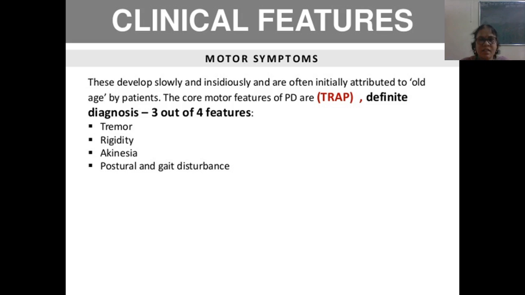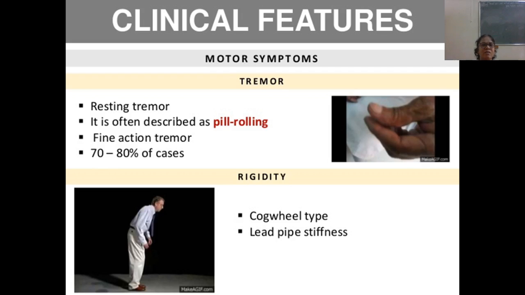So these three symptoms are definitive for the diagnosis of Parkinsonian disease. The core motor features of Parkinson's disease are tremors, rigidity, akinesia, and postural and gait disturbance. So these are the important clinical features.